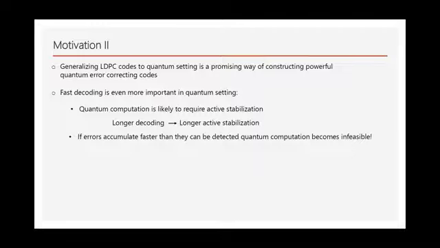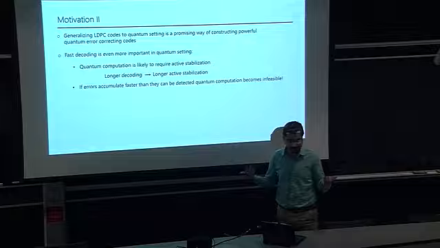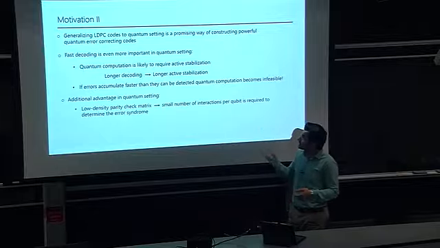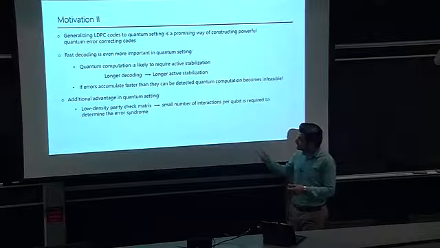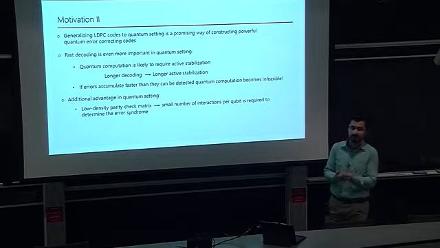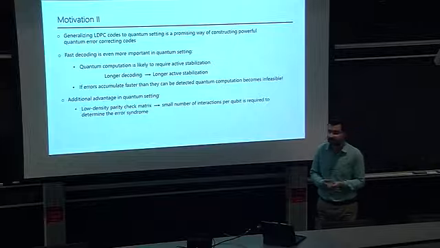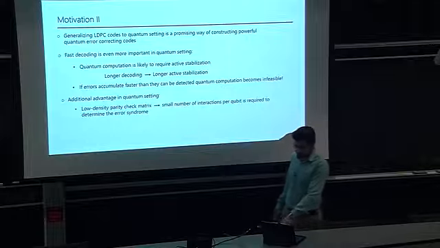On the other hand, if the errors accumulate faster than we can detect them, then it's basically impossible to do quantum computation. There is another advantage of quantum LDPC codes: when we have a low density parity check matrix, then to find the error syndrome, we just need to interact a small number of qubits.